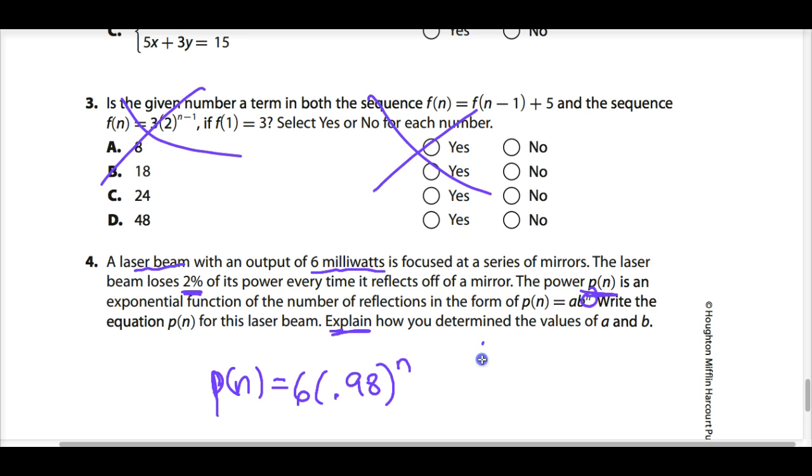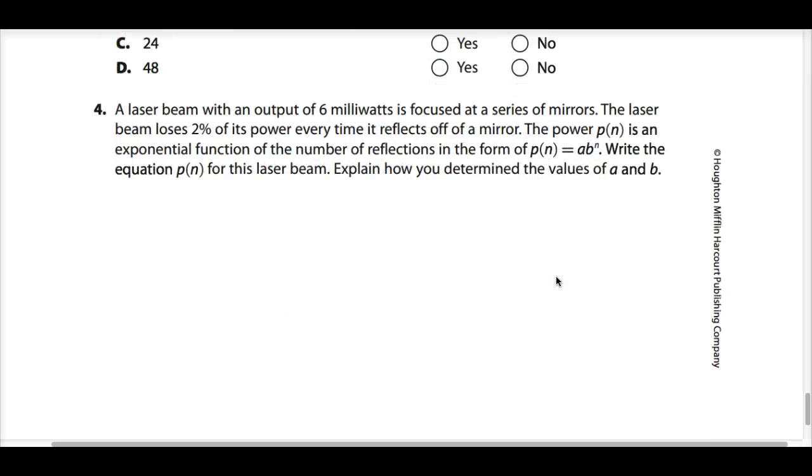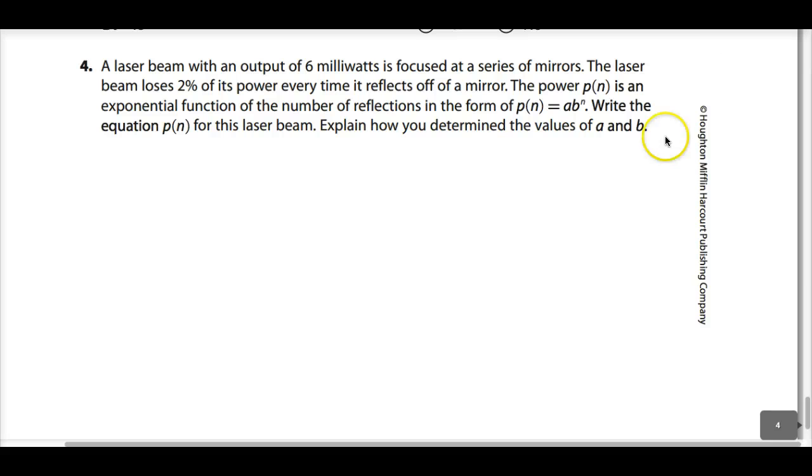So I want to first scroll down because I want some more space. And so I said the equation is P of n is equal to 6 times 0.98 raised to the power of n, right?